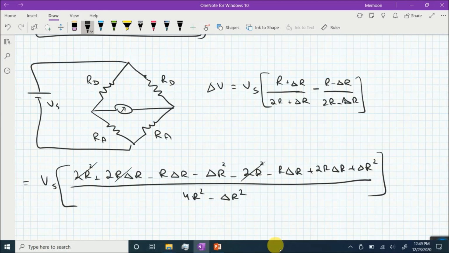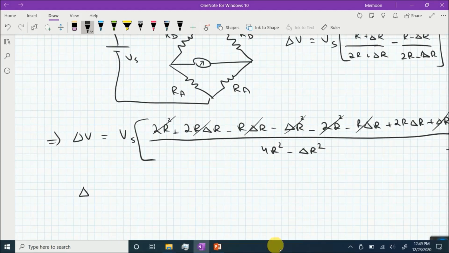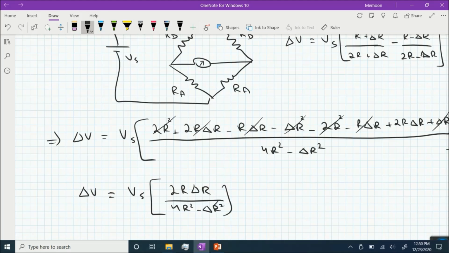This 2R delta R is cancelled with negative R delta R and negative R delta R. This positive delta R square is cancelled with negative delta R square, and we are left with del V is equal to Vs into 2R delta R over 4R square minus delta R square, and this delta R square can be approximated to be 0, so that is equal to Vs into 2R delta R over 4R square.